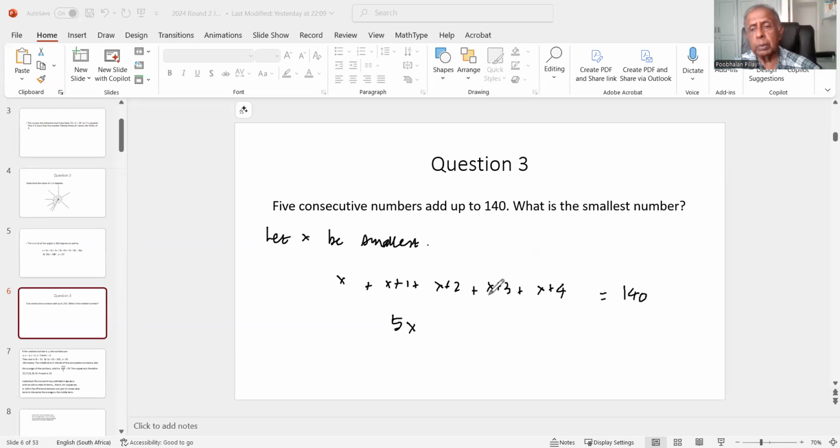And the numbers are 1 plus 2 plus 3 plus 4 is 10. So on the other side, you have 140 minus 10. So 5x is 130. So that gives you x is 26. So you could have done it that way as well to create an equation. Okay, so the next problem.